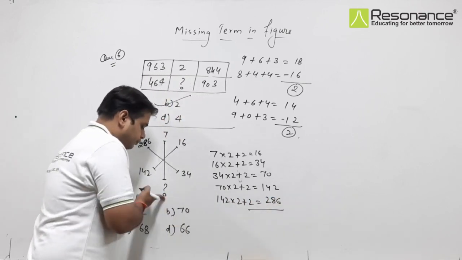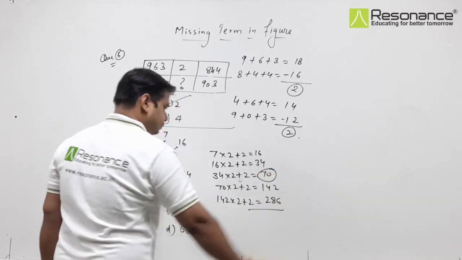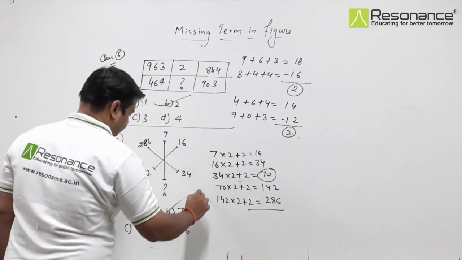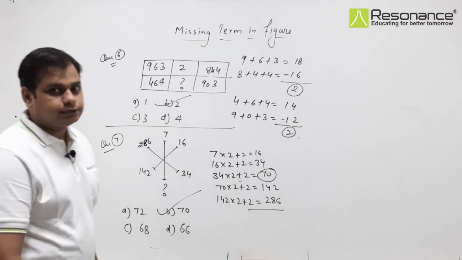So after 34, the question mark will be replaced with 70. So 70 is the correct answer.